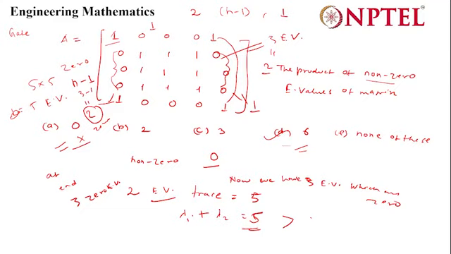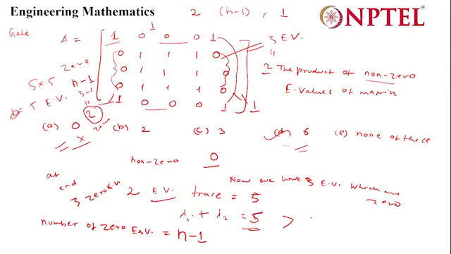Okay. So we have one property regarding eigenvalues. If there are identical rows, then the number of 0 eigenvalues will be the number of identical rows minus 1. So here this row and this row are identical.